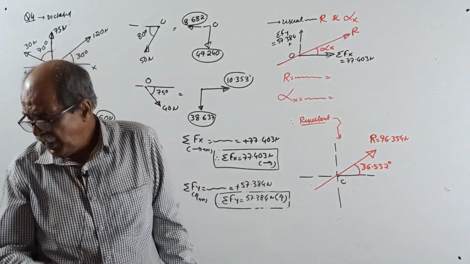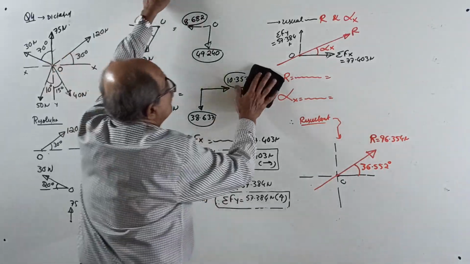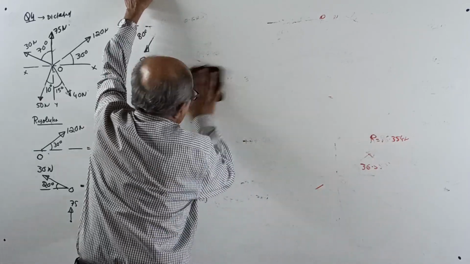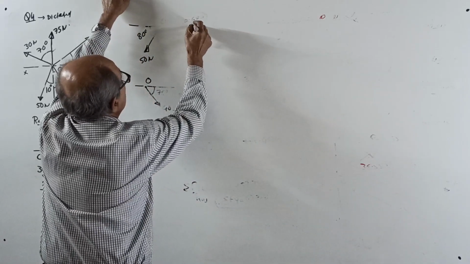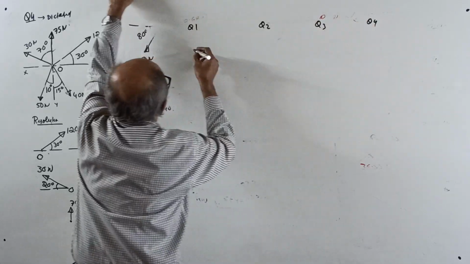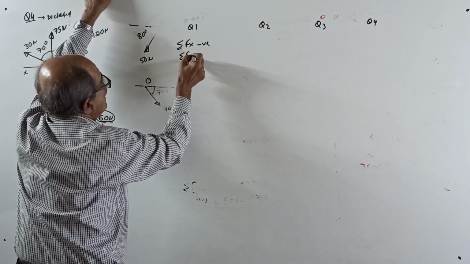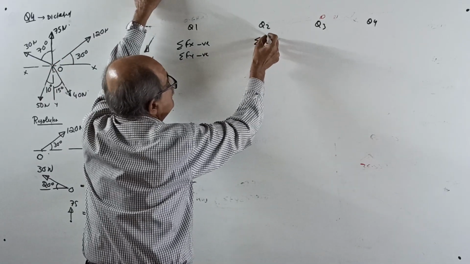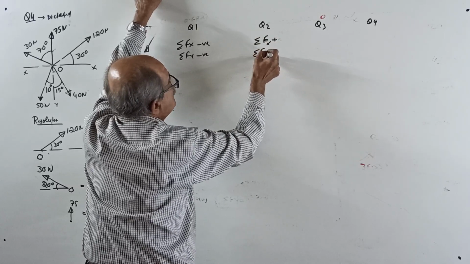Now, one small point I want to tell. In question 1, sigma Fx came negative and sigma Fy also came negative. In question 2, sigma Fx came positive but sigma Fy came negative.